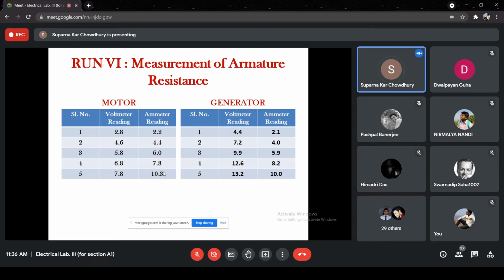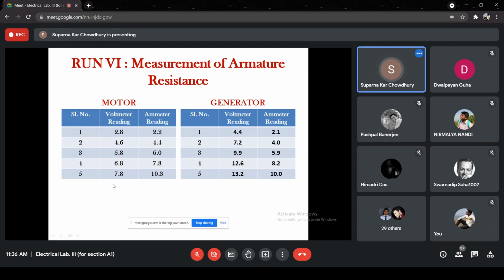So there are point contacts between the brush and the commutator, and as the current increases, the number of these point contacts goes on increasing. So basically that's why the resistance goes on decreasing.